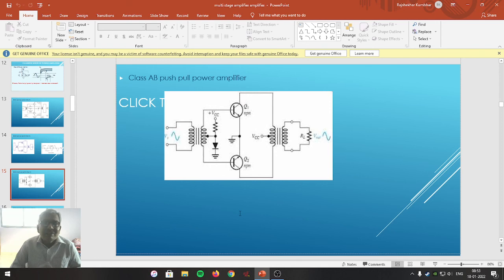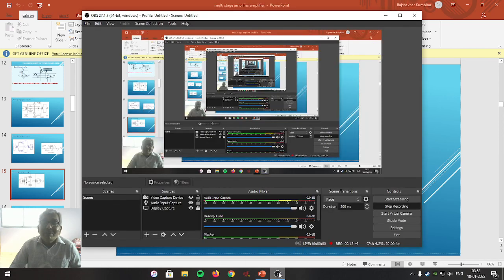In between that, the efficiency of the class AB push-pull power amplifier is going to exist, which is almost 62%. Student friends, this is what you have to remember about the class AB push-pull power amplifier we are expected to study. Next time we'll go for the next article of the same topic.